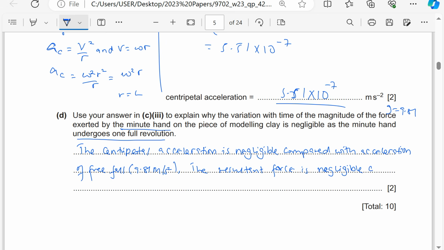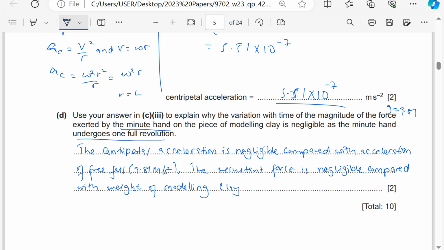The resultant force is negligible compared with the weight of modeling clay.